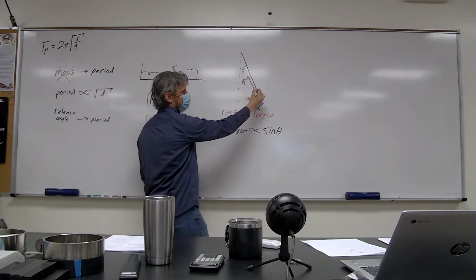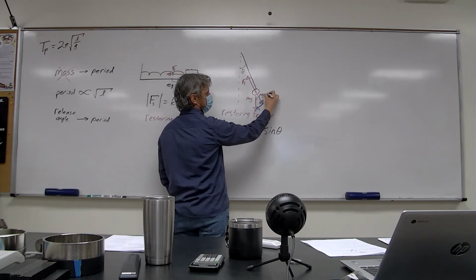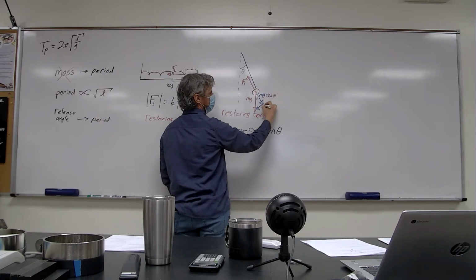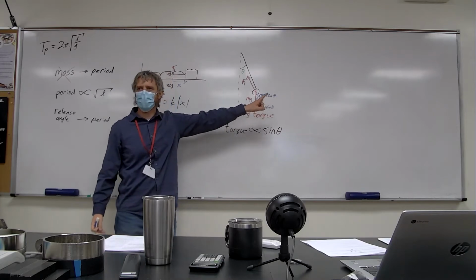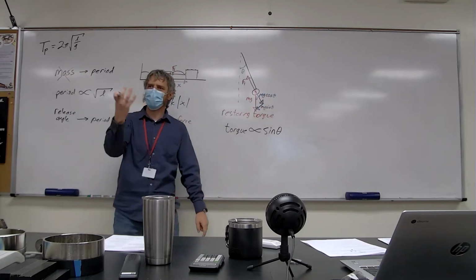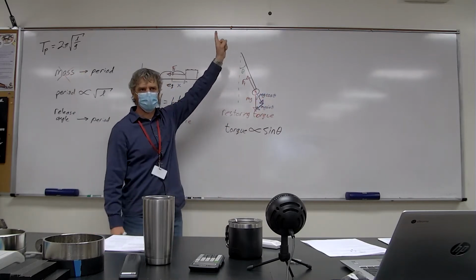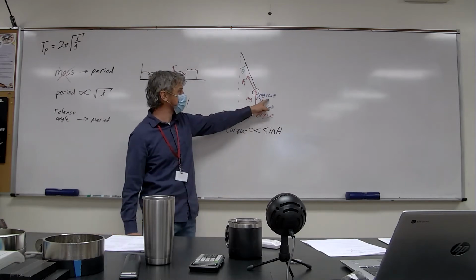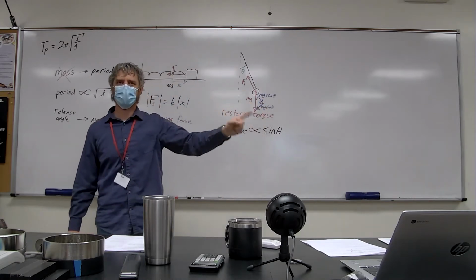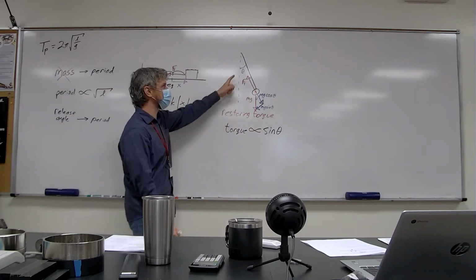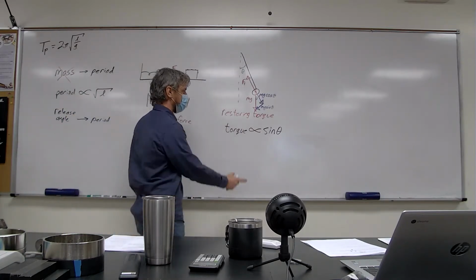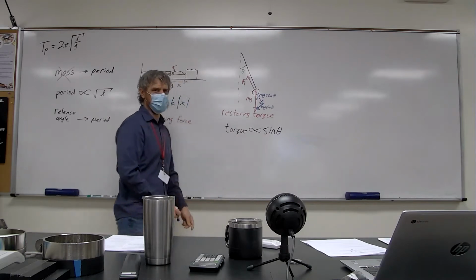The angle I make here. So this is the adjacent side. This is mg cosine theta. This is mg sine theta. The cosine component doesn't cause rotation. It's just trying to pull away from the tension force. Right? There's no rotation caused by that component. There is rotation caused by the sine component. So that's why with a pendulum, if we're measuring the angle with respect to the vertical, the torque is proportional to the sine of the angle.